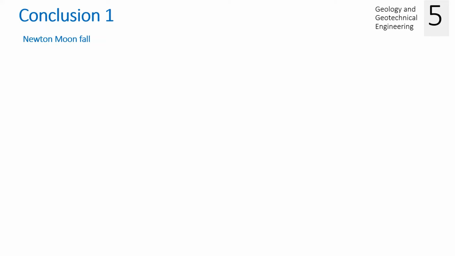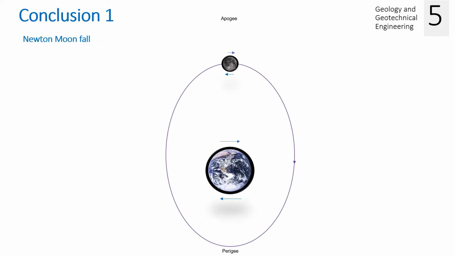He needed to draw a drawing showing the earth and the moon orbiting the earth in an elliptical orbit. This elliptical orbit has two poles, the apogee, where the moon is farthest away from the earth, and the perigee, where the moon is nearest to the earth's surface.